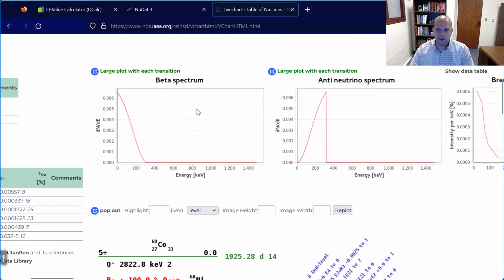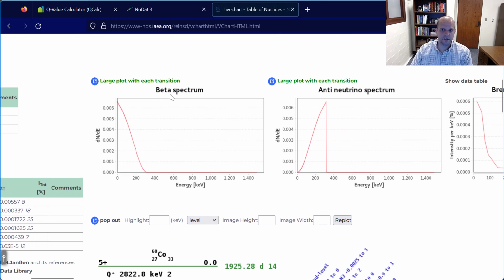So we mentioned before that this is a beta minus decay, and so we're expecting a beta particle and then an antineutrino. And the kinetic energy that is released, remember I don't have much kinetic energy recoil in the daughter product. It's mainly going to be deposited in that beta particle and the antineutrino particle.